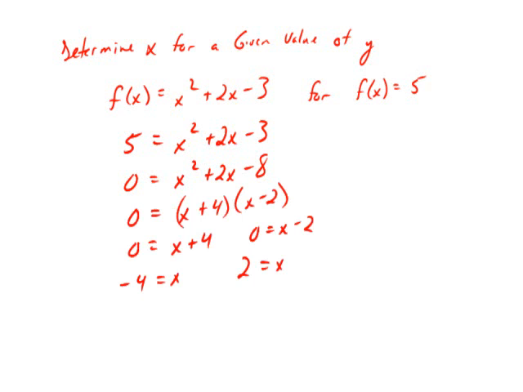I get values of -4 or +2. In other words, I would have two values of x that give me a y value of 5 for this function. These points would be on the function: (2, 5) and (-4, 5).